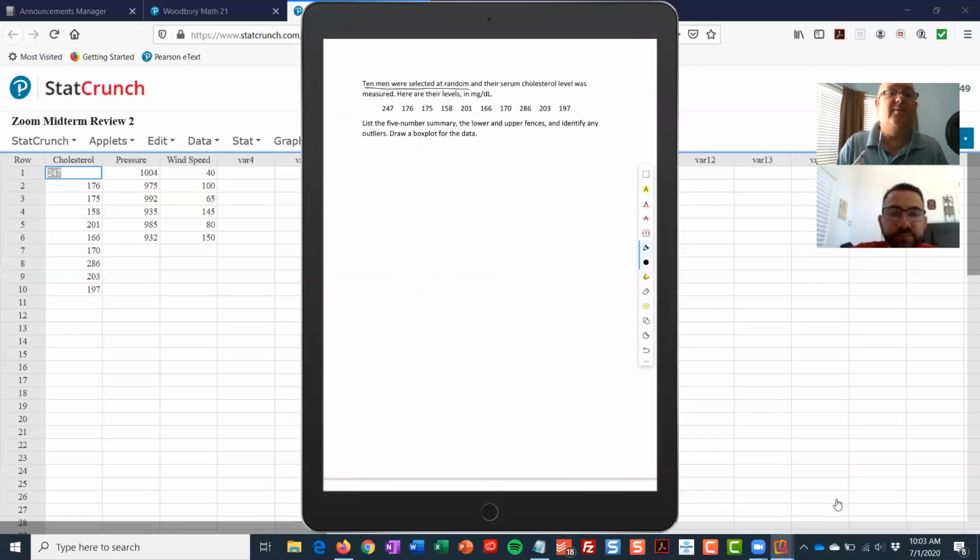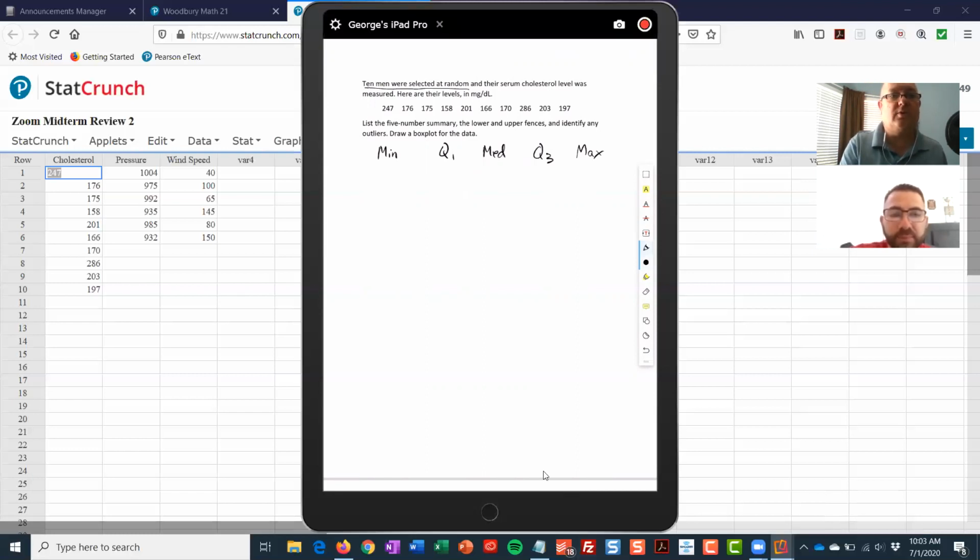In this problem, it's asking for the 5-number summary, which is the minimum, Q1, the median, Q3, and the max. But if you had to compute mean, standard deviation, range, any of those other calculations, you would do it in the same way we're about to do it. So I'm going to switch over to the StatCrunch screen.